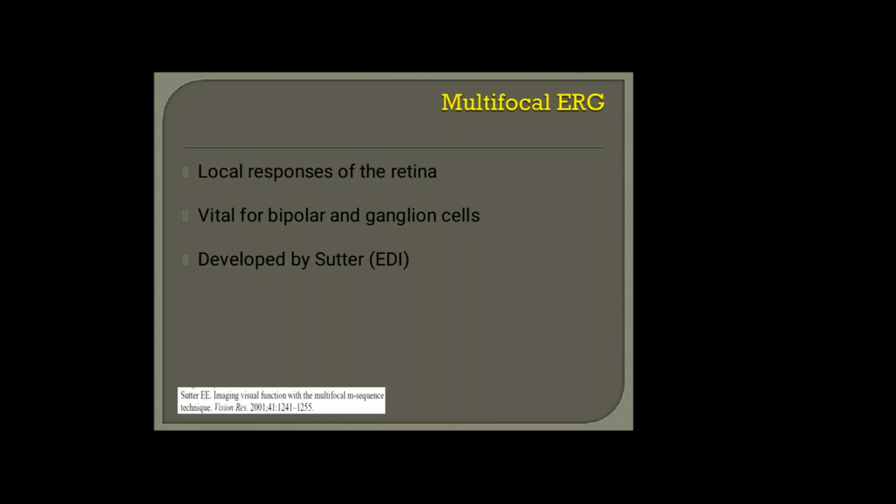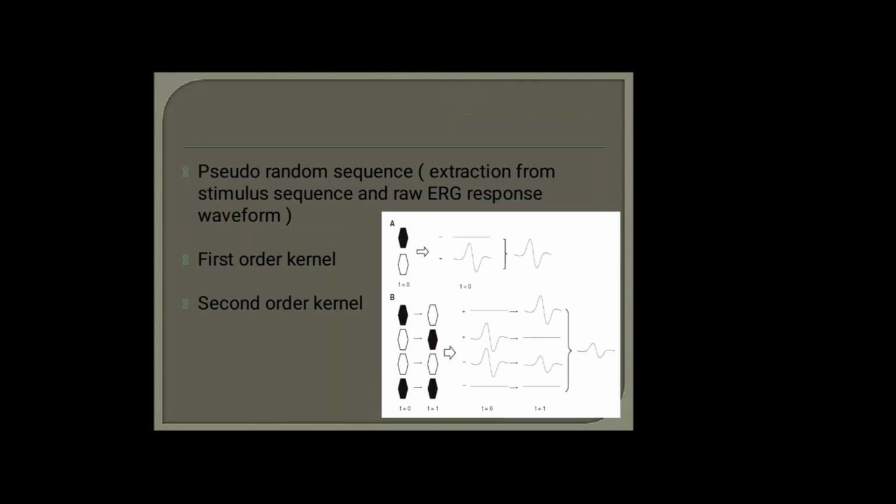Multifocal ERG was developed by Dr. Eric in 1991. It is well suited to look at bipolar cells as well as ganglion cells. It is calculated using what is known as an M sequence or pseudo-random sequence.